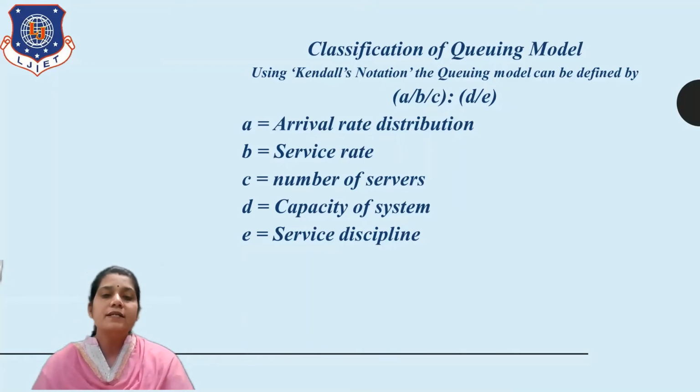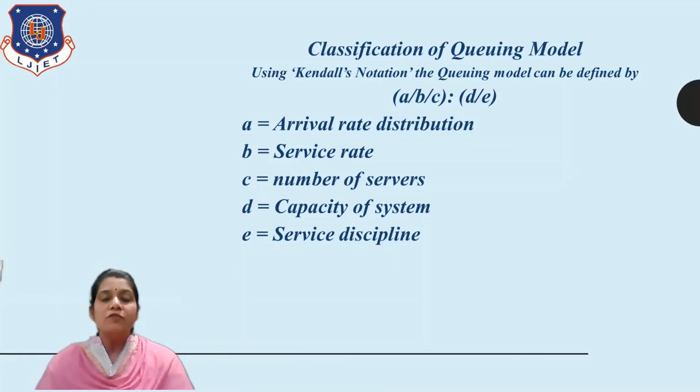Okay, B is equal to service rate. C is equal to number of servers. That means the first is arrival rate, second is service rate, third is the number of servers. Got it? D is equal to capacity of system and E is equal to service discipline.